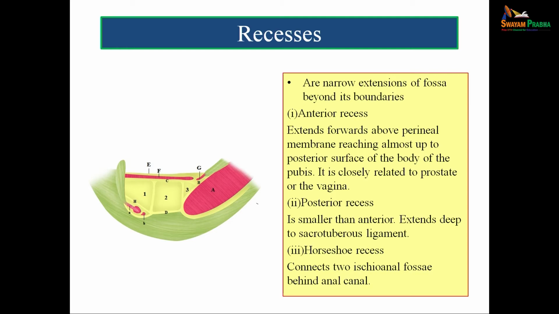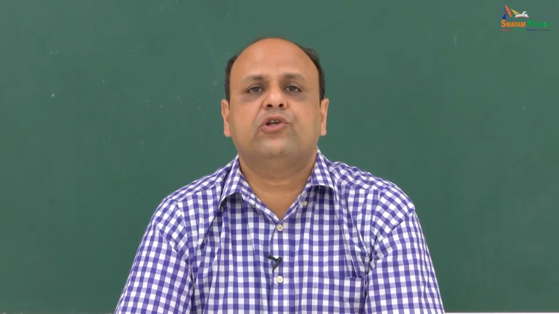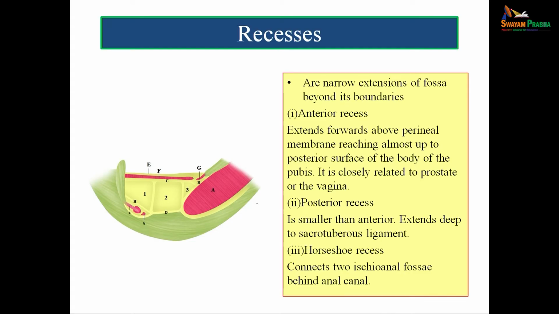So, what is the anterior recess? It is the extension of the ischioanal fossa which is oriented anteriorly. Then there is a smaller recess which is marked by 3 in the figure. That 3 is the posterior recess of the ischioanal fossa.